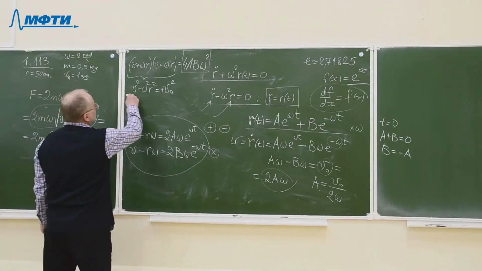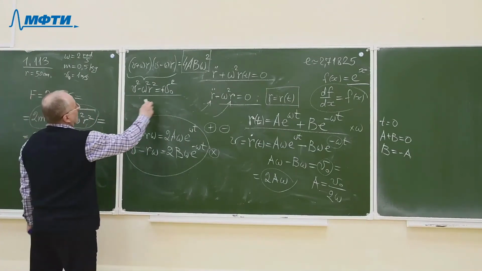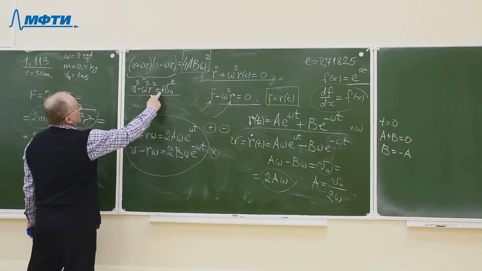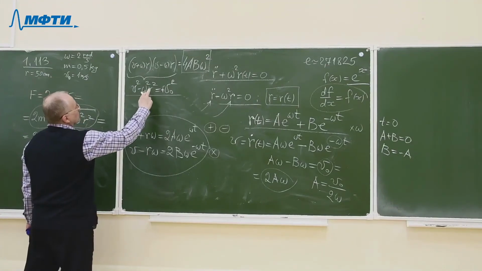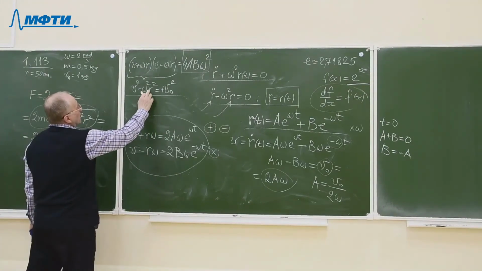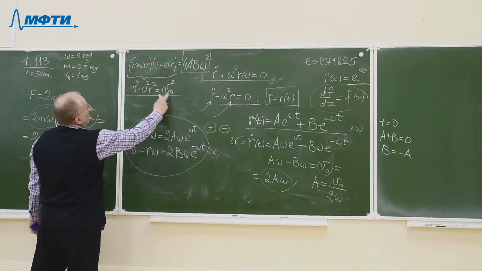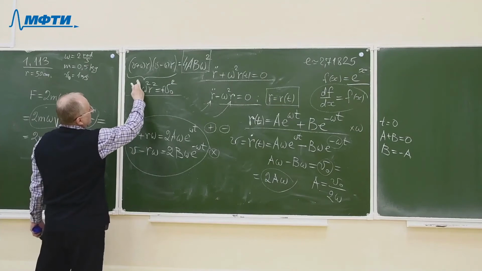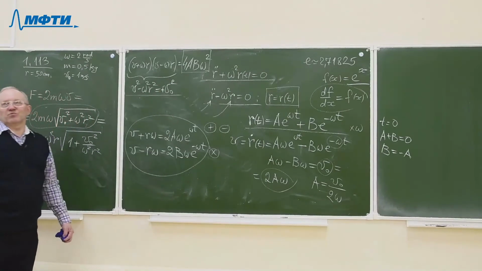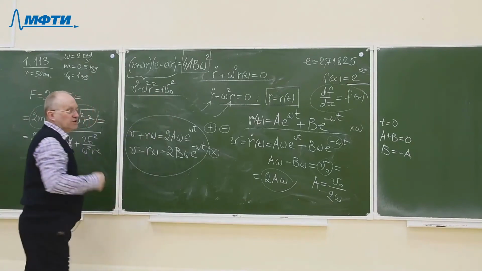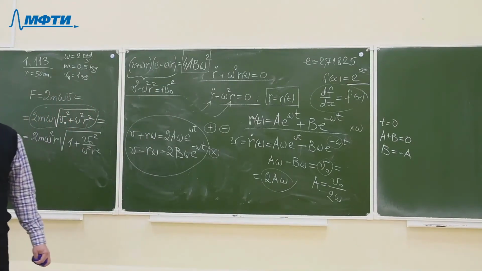So we have come to this formula where plus sign is absolutely obvious, because at the beginning of motion, when distance r was 0, the initial velocity was v0, and the initial velocity squared must be a positive number. It cannot be negative, so it cannot be minus sign here.